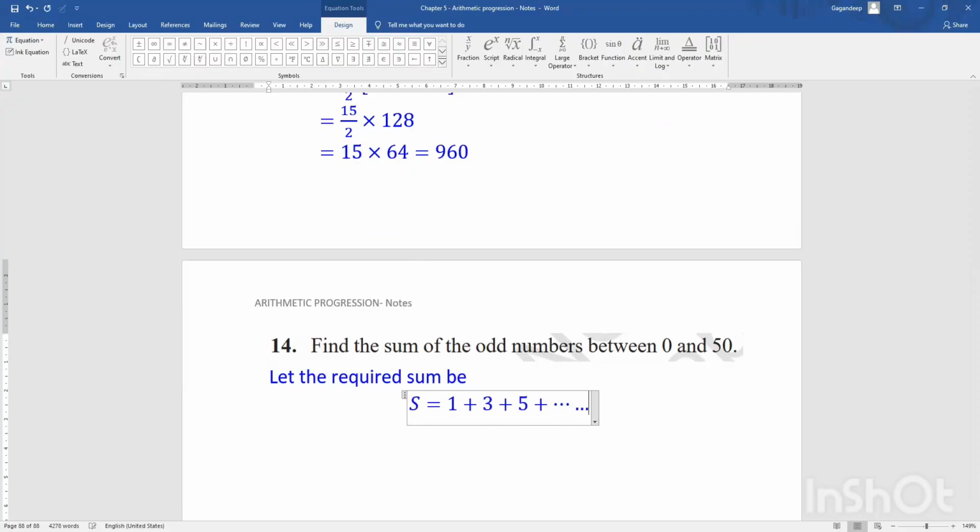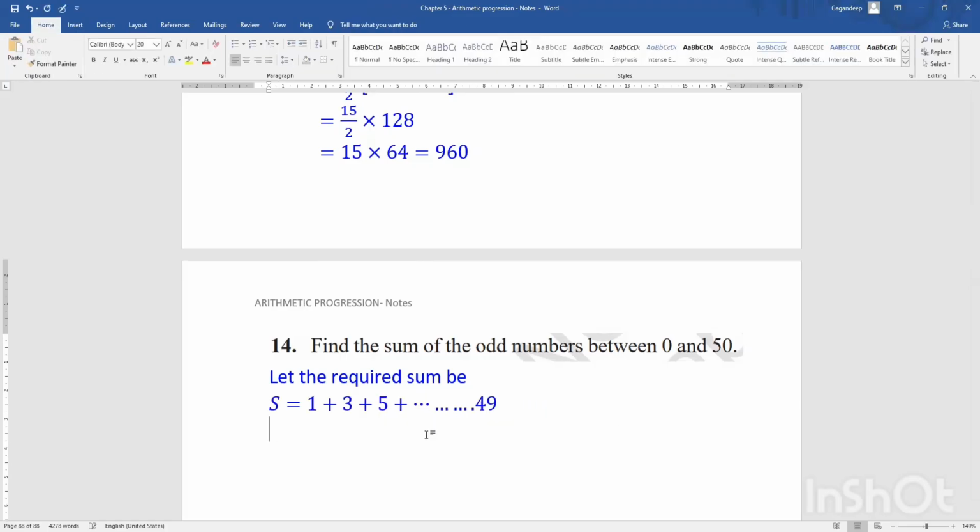Now, which will be the last odd number between 0 and 50? It will be 49. So 49 is the last term, so I'm going to write plus 49, the last term. Next, what things are given? Let us find out.